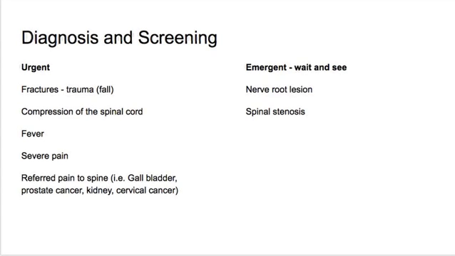The first thing that's important when treating low back patients for physical therapists is to screen out people who may not benefit from physical therapy and need other types of care.